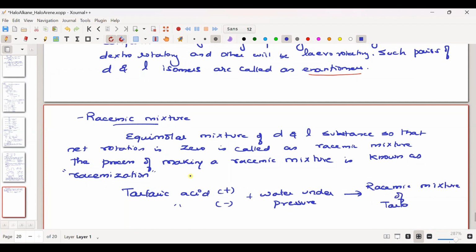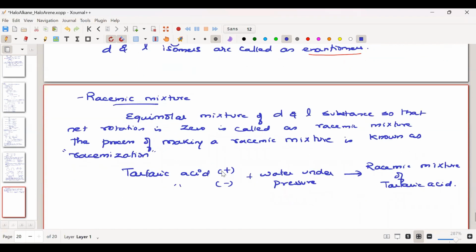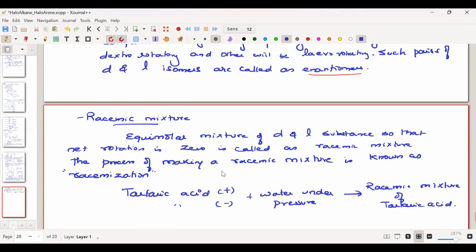Understood? Sir, just an equimolar mixture without pressure, will it not become racemic? Okay, this is just an example: tartaric acid you have to treat with water under pressure.